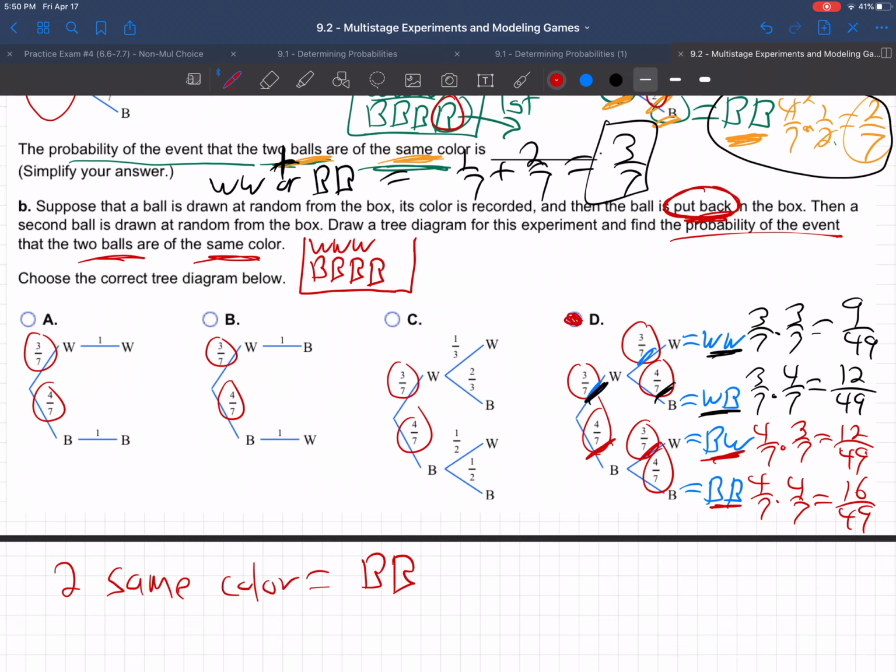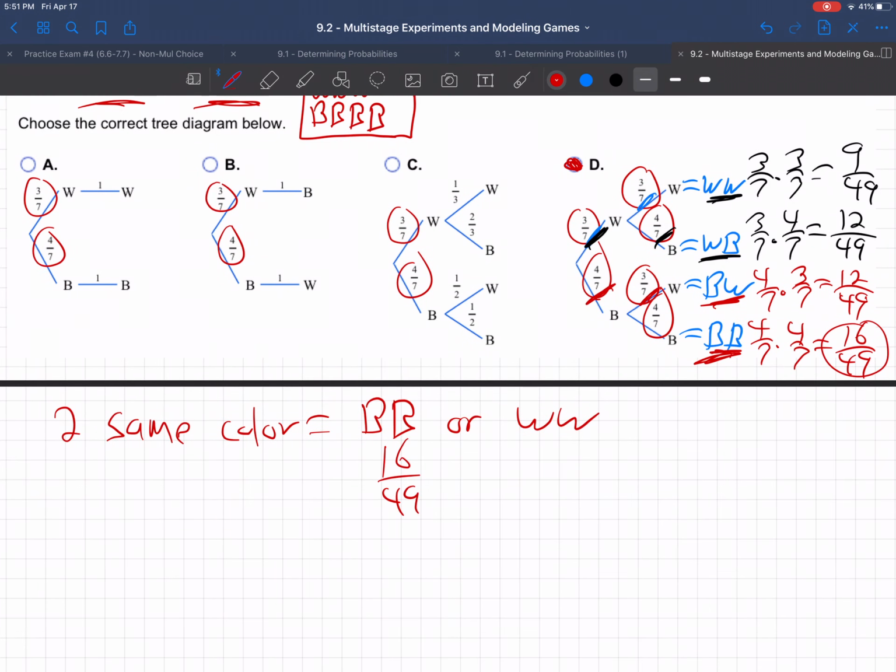Well, that's black and black or white and white. So black and black is 16/49 plus white and white, that's 9/49. So we add those up and we get 25/49. And that's our answer. We can't reduce that fraction.